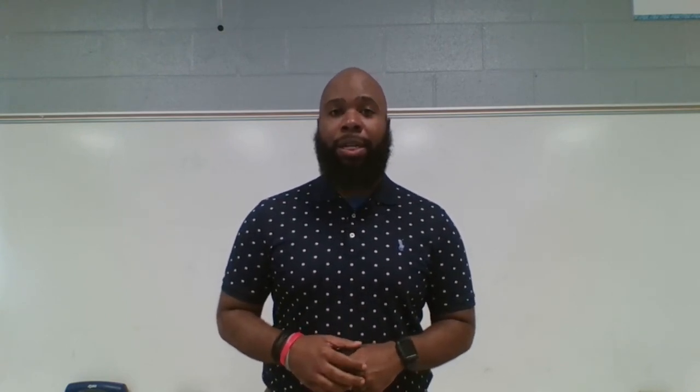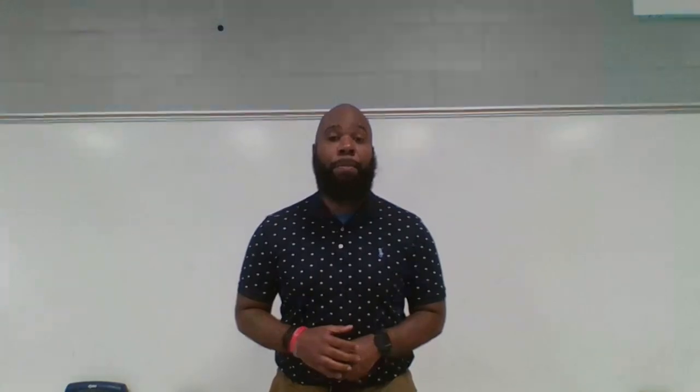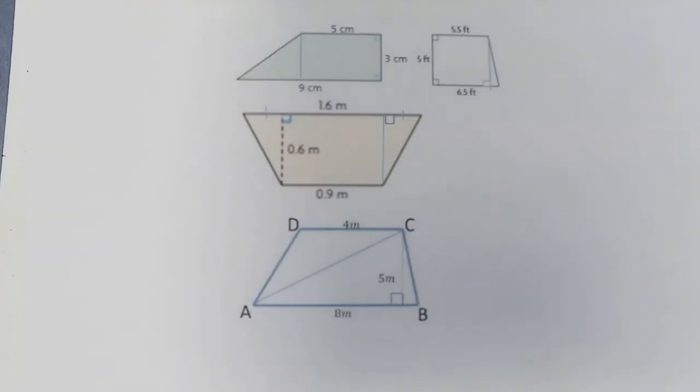Let's look at trapezoids and how they connect to other polygons. Take a moment to look at each and find the triangles and rectangles. Do you see the rectangles and triangles? Let's see how we can use this information to help us find the area.